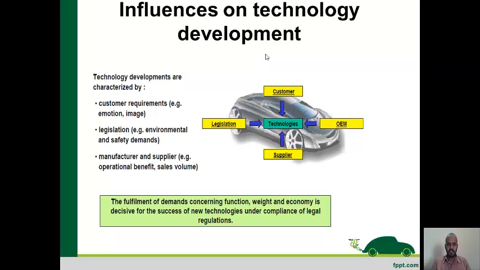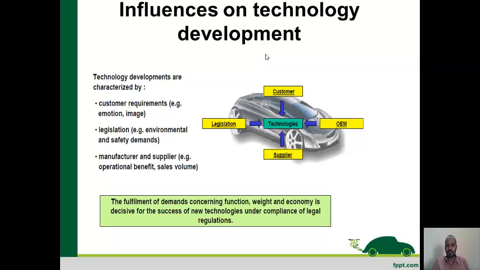For example, in India, as of now in 2016, we are following BS4 norms, that is Bharat Stage 4 norms, which are set by the Automotive Research Association of India, or ARAI, along with SIAM, the Society of Indian Automotive Manufacturers. Likewise, European countries follow other emission norms. For example, in European countries, as of now, they are following Euro 6 norms. But in India, we are lagging with the BS4 norms.